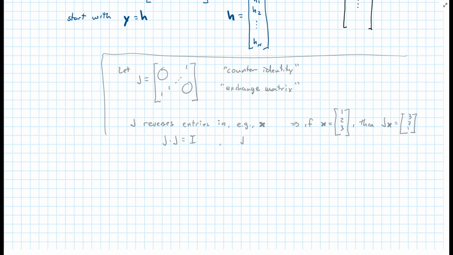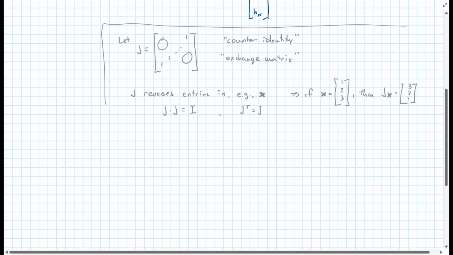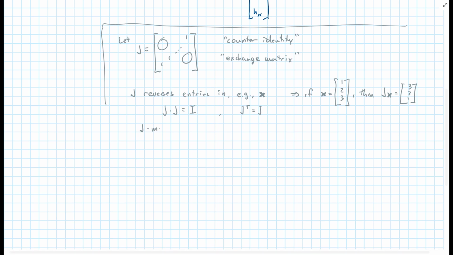Also, we can see that j is symmetric, so j transpose is equal to j. And when we're multiplying matrices, j times the matrix does to each column as it did to x. It reverses it. And a matrix times j reverses the rows.